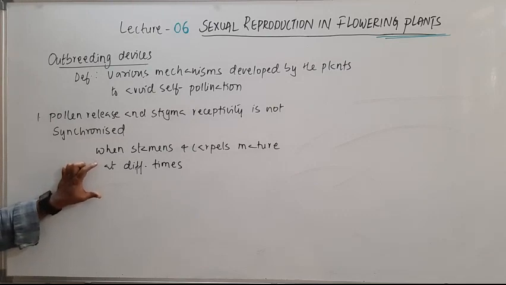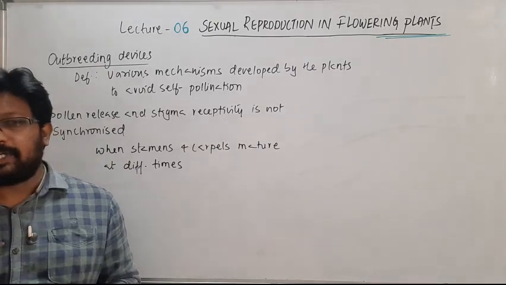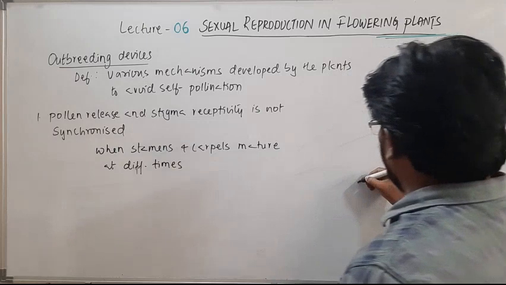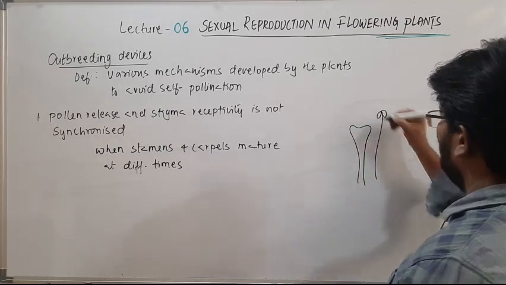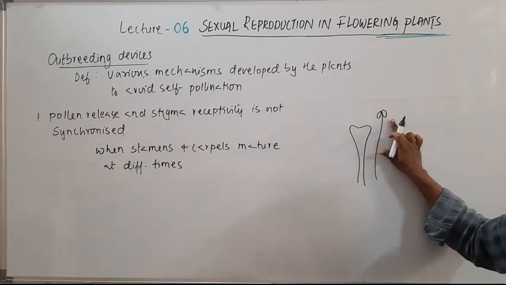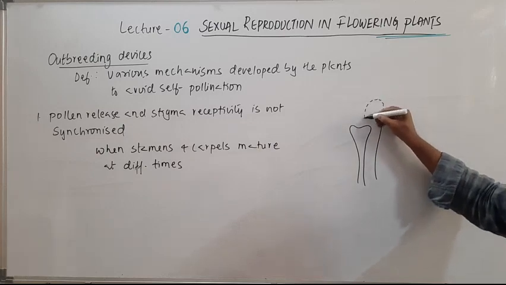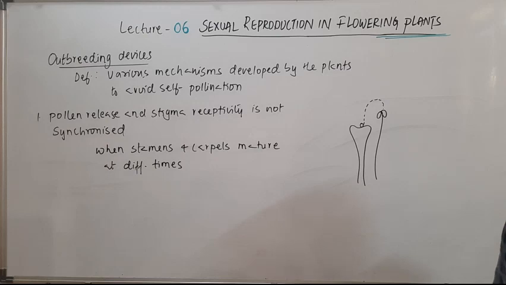In both these conditions, what happens is it will avoid self-pollination. So the point is that in a bisexual flower, so this is the stigma, and say here is the anther, and say that if both of them mature at the same time, then there is a chance of this pollen grain coming and settling on the stigma of that flower. So then it can result in the self-pollination, right?